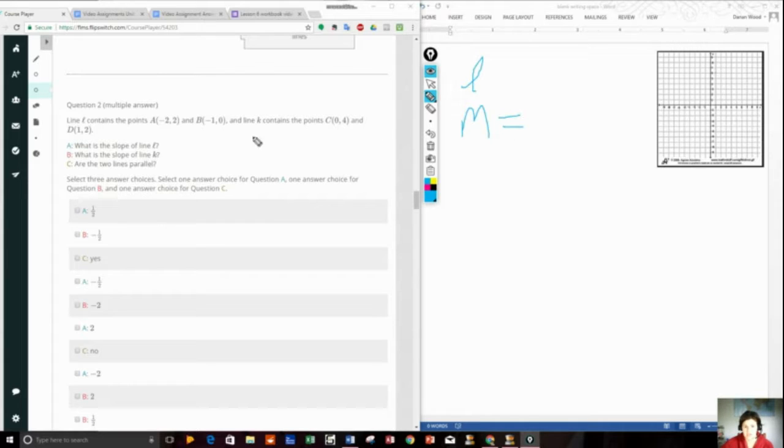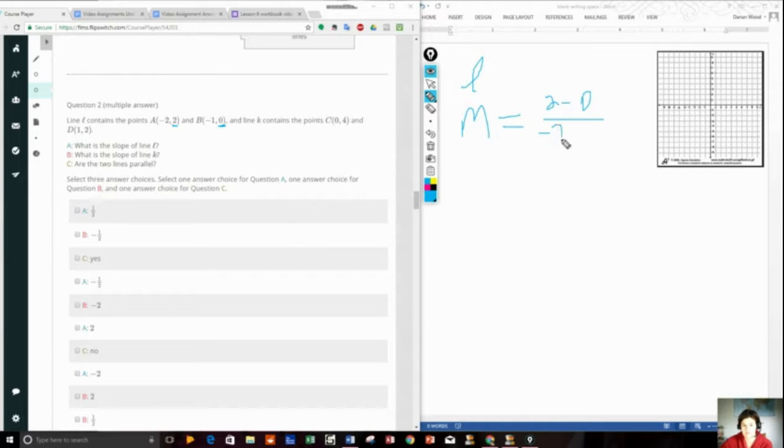Okay, calculating the slope of L. I'm going to use the 2 points that are given, and remember that slope is our rise, which is our vertical distance. So I'm going to use the y coordinates because they represent our vertical distance, and I'm going to take 2 minus 0. Then I'm going to take the run, or the horizontal distance, and since I started with point A, I'm going to start with point A's x-coordinate again.